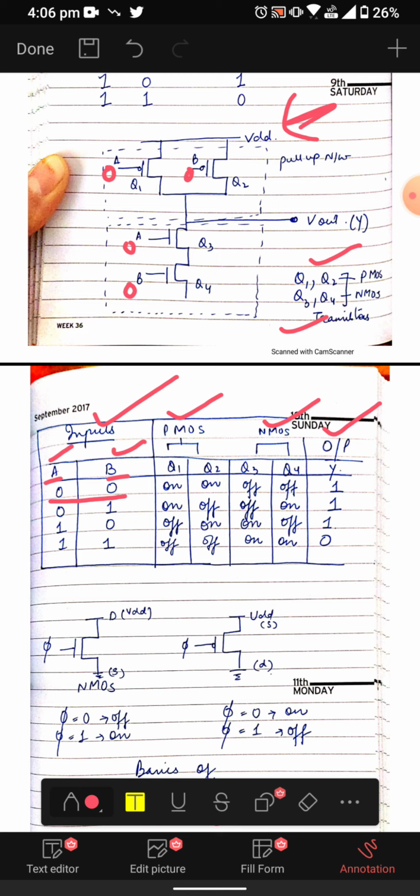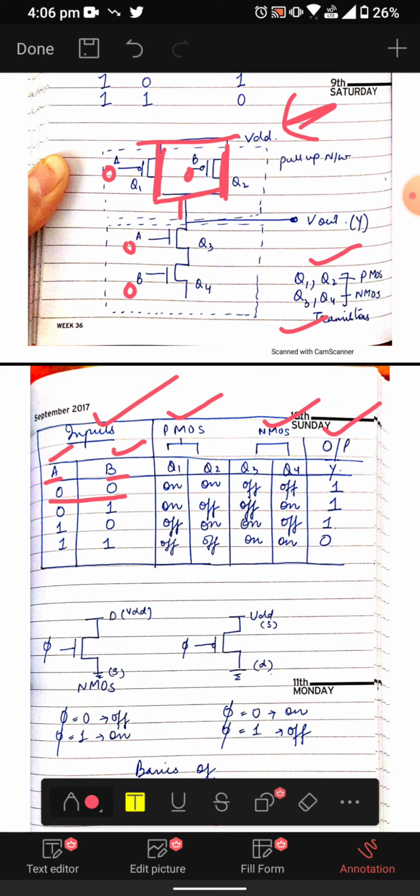What will happen to transistor Q1? It will be on, so I'll show it with the help of a short. And what will happen to transistor Q2? It will also be short. But what will happen to Q3 and Q4? Q3 and Q4 are NMOS in nature.